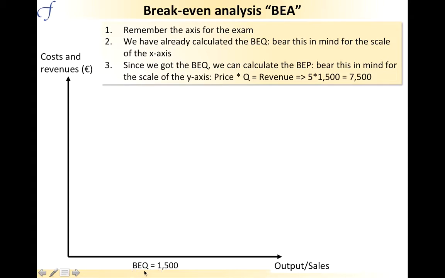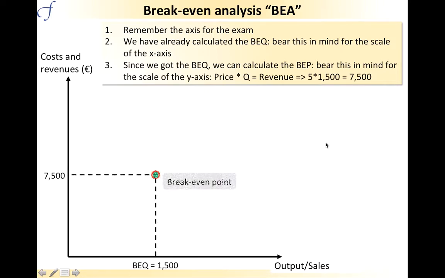Since we know the price and the quantity, we can know the revenue, and in this case the revenue will be equal to the 5 of the price times the number of units in the break-even quantity, 1,500, and that's equal to 7,500. Again, I recommend to write down this level of total revenue somewhere in the middle of this diagram to leave enough room on either side to conduct our following analysis.